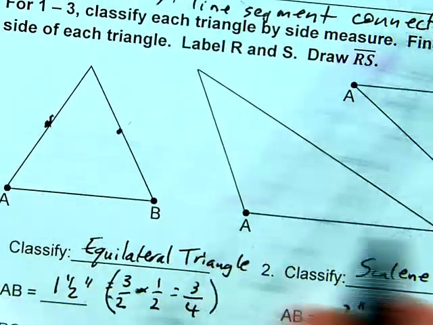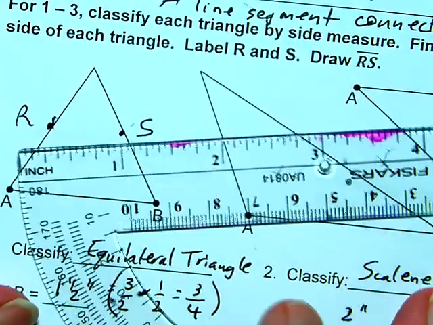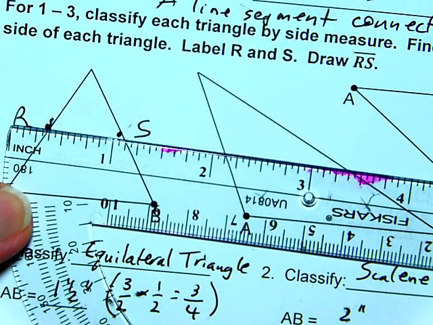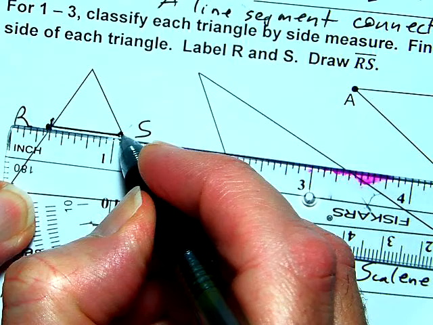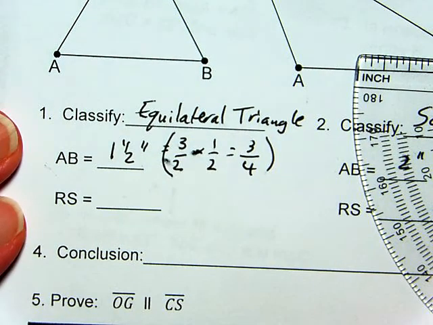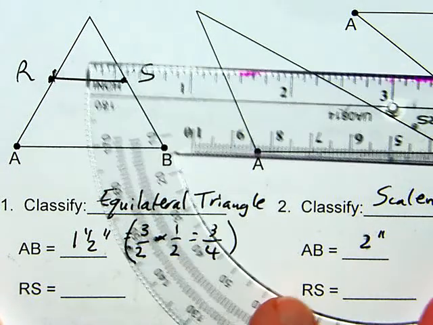But now let's go ahead and draw RS. We'll label this R. We'll label this S. We'll draw RS. I know it's a little bit off there, but that's RS. And now we're supposed to do the measurement of RS. Let's see how long RS is.